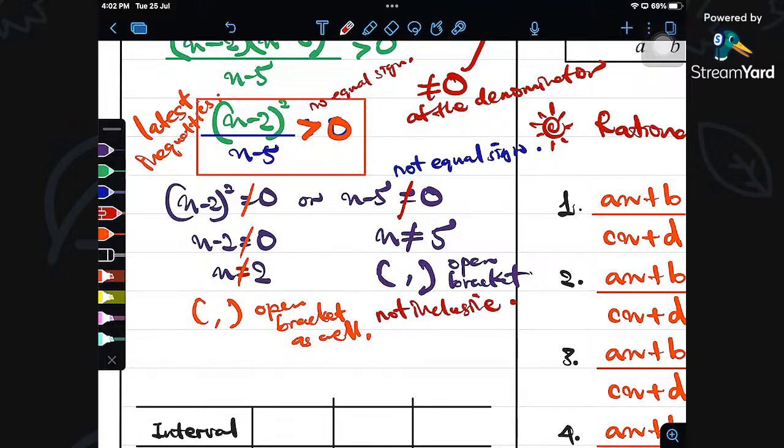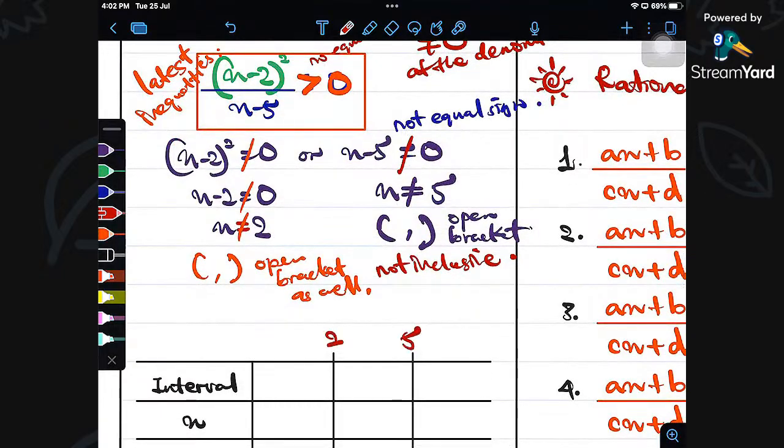The numbers 2 and 5 are both open. That is why neither is included. Because in this question, the latest inequality said that it is just more than 0. So more than 0 is just no equal sign, you know.